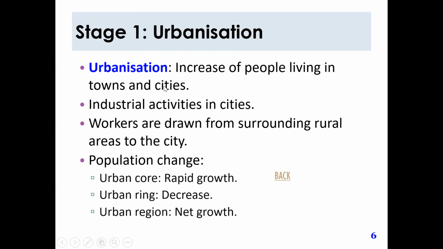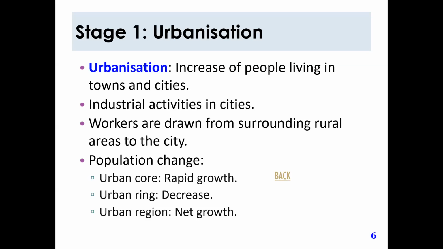The main activities in cities are industrial activities: manufacturing, and services to facilitate the industrial activities. Workers are drawn from surrounding rural areas to the city for better employment opportunities, better income generation opportunities, and better amenities and facilities.